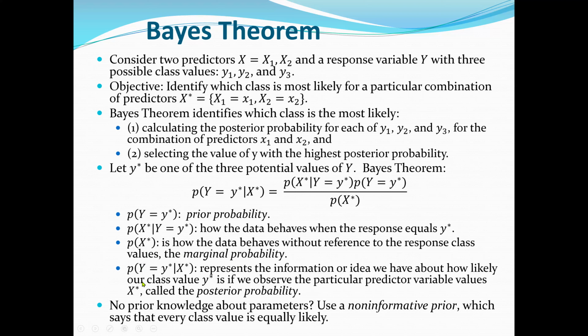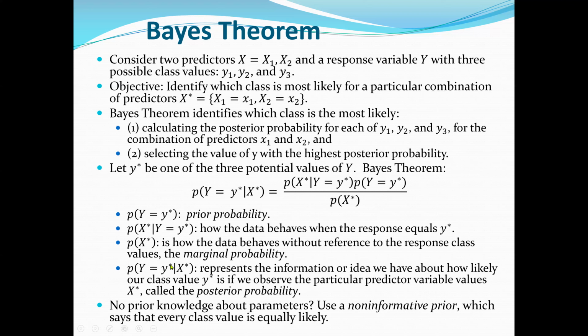Now, the probability that Y equal to Y star given X star represents the idea we have about how likely our class Y star is if we observe the particular predictor variable values X star.